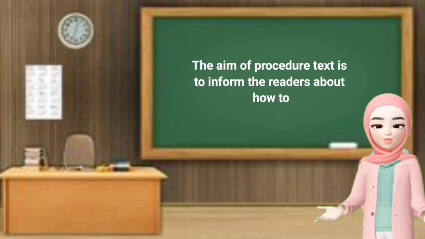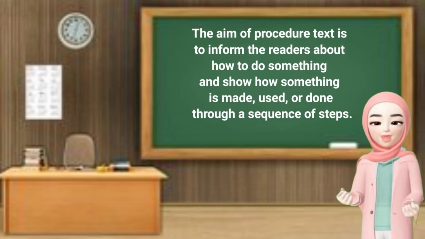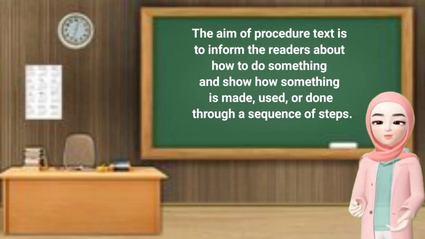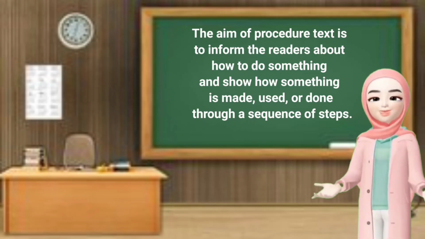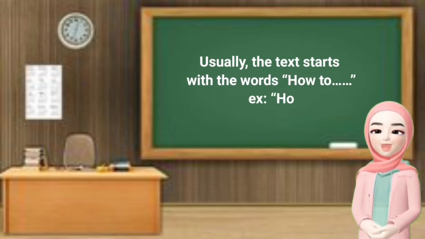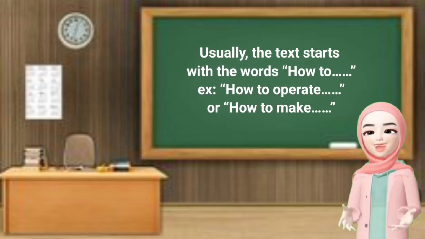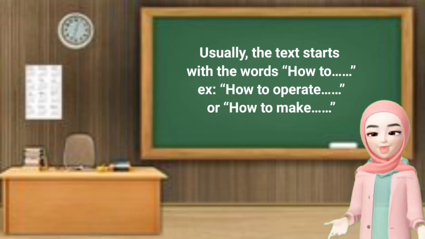The aim of procedure text is to inform the readers about how to do something and show how something is made, used, or done through a sequence of steps. Usually, the text starts with the words "how to", for example, how to operate or how to make.